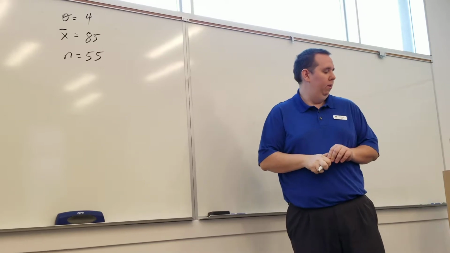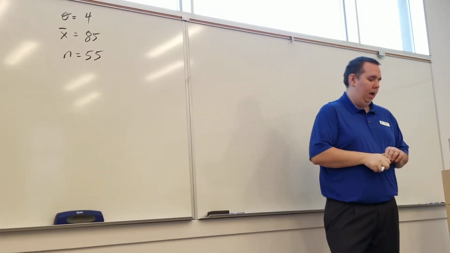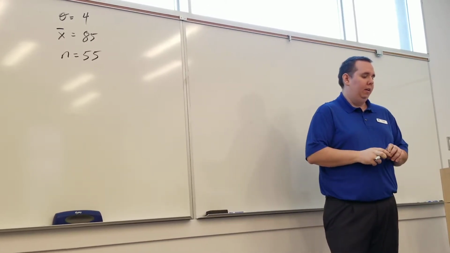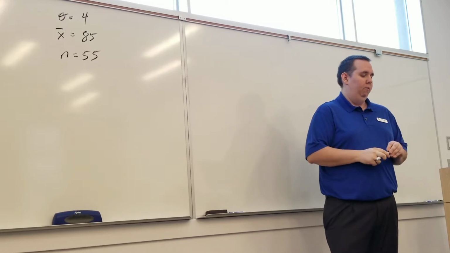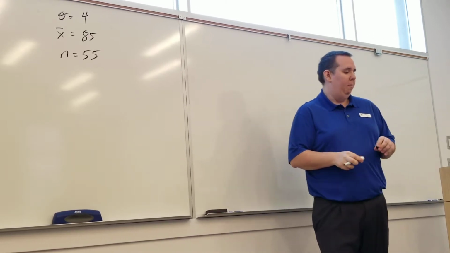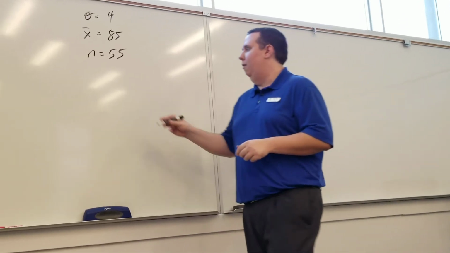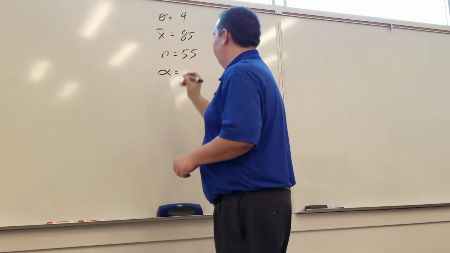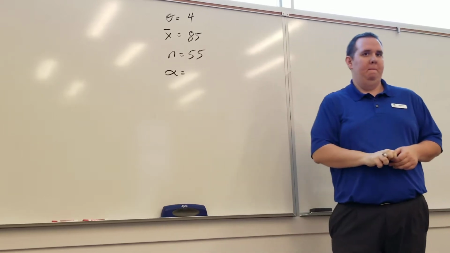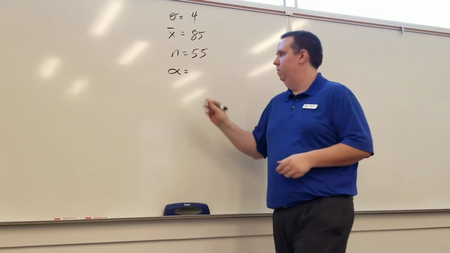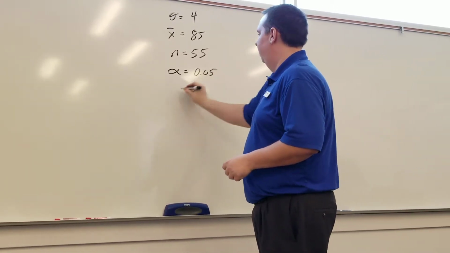And then we need to have a 95% confidence interval for the population mean temperature. So our alpha in this case is what? 0.05.